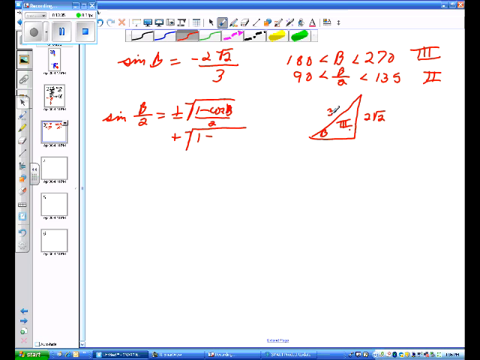Since I know the hypotenuse, it's the hypotenuse squared, so 3 squared minus the side squared will equal my other side squared. So that's going to be 9 minus, this would be 4 times 2, which is 8. And so my other side squared is 1, and then we would take the square root of that, and it will be 1.